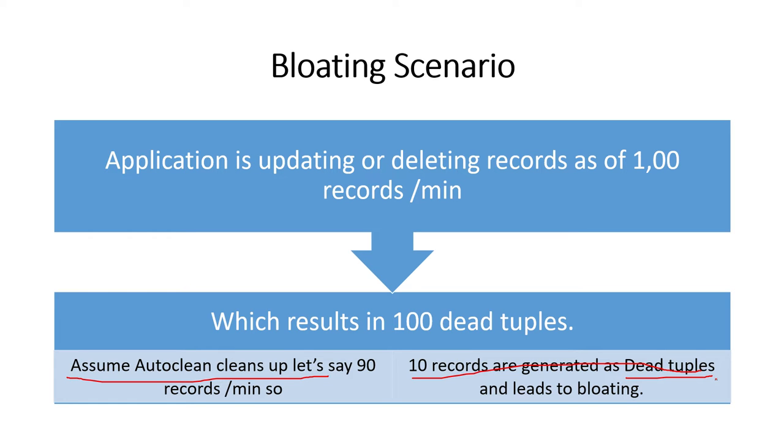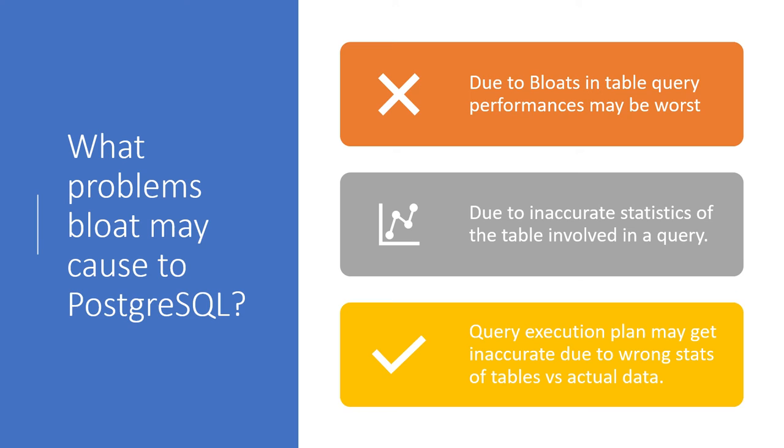So this is leading to bloating. In 1 minute, where 100 records are updated, 10 records keep on accumulating. So you can understand how many dead tuples will be generated in an hour or in a day if those dead tuples are not removed. So what is the problem they may cause to PostgreSQL?